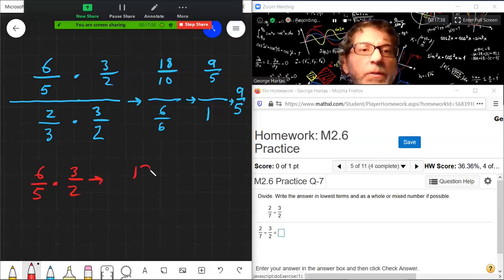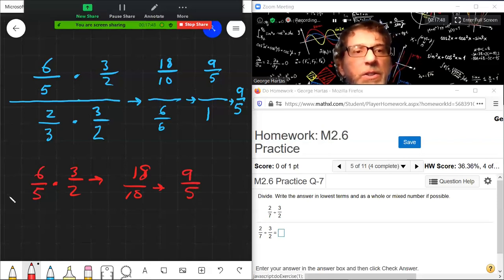We got 18 over 10, which became 9 over 5. And there it is. See that? So this is the numerator. So the takeaway here is that we multiplied by the reciprocal of the denominator here to help us find the answer.